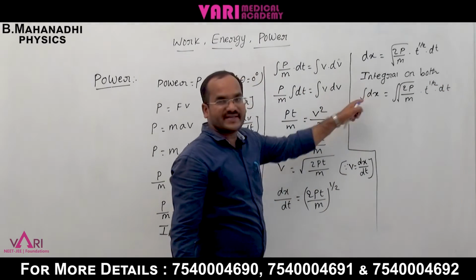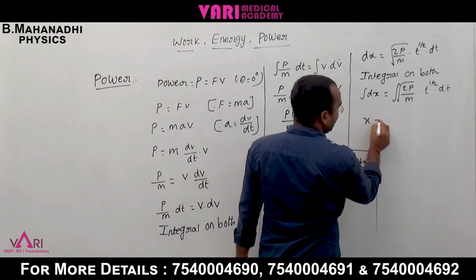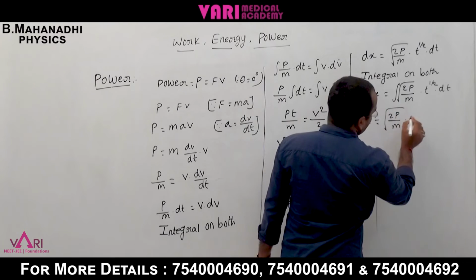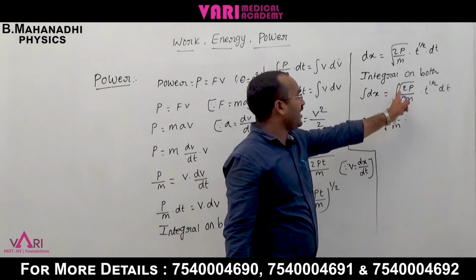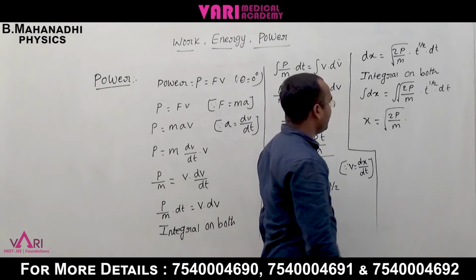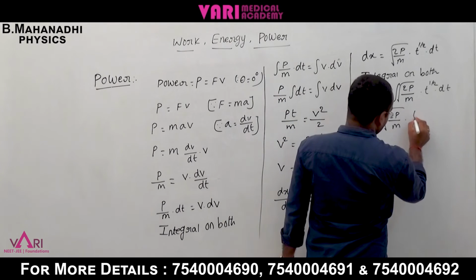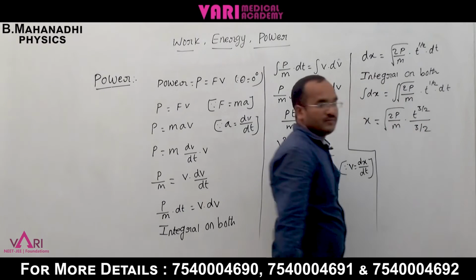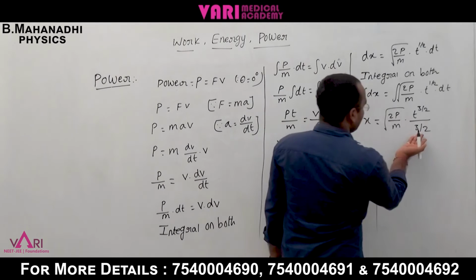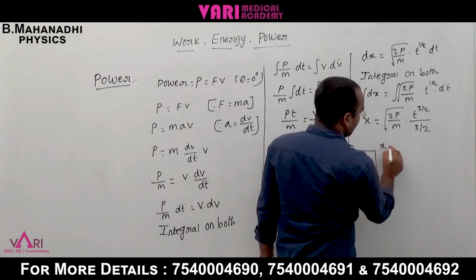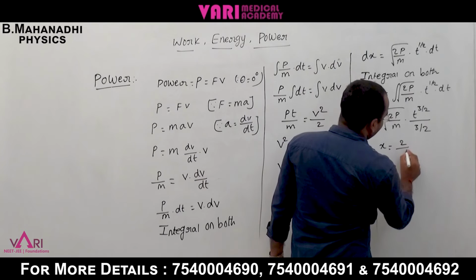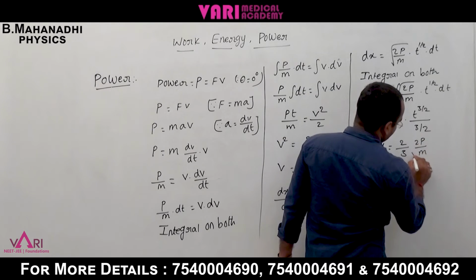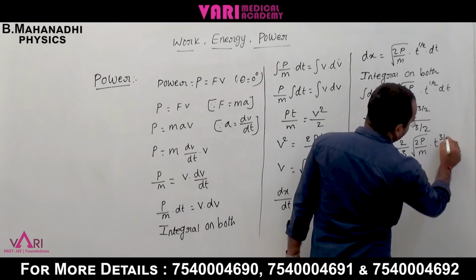Now integral of dx is x, equal to the constant root of 2p by m into the integral of t power 1 by 2 into dt, which is t power 3 by 2 by 3 by 2, the reciprocal method. So x is equal to 2 by 3 into root of 2p by m into t power 3 by 2.